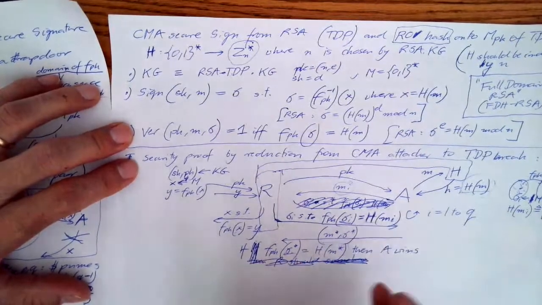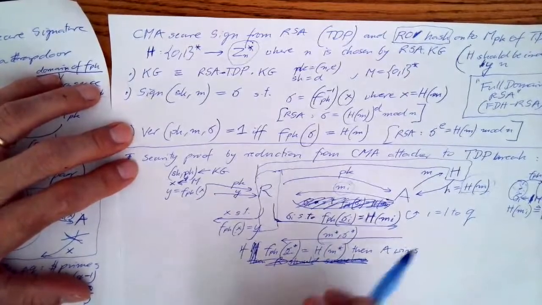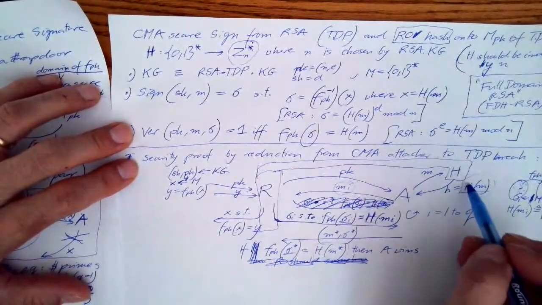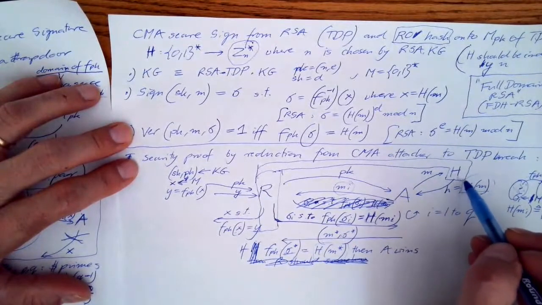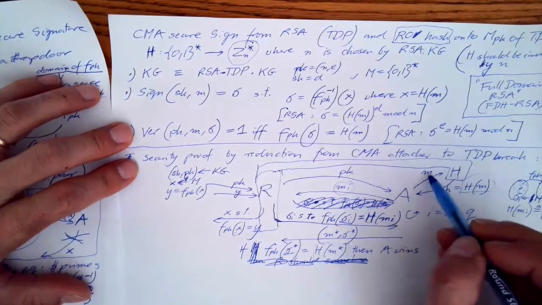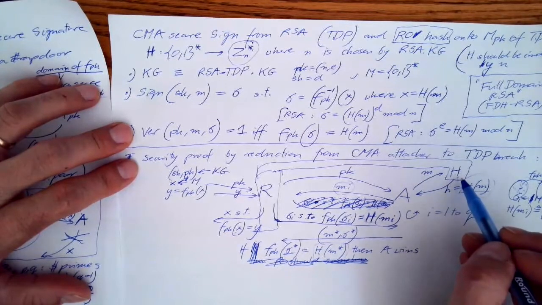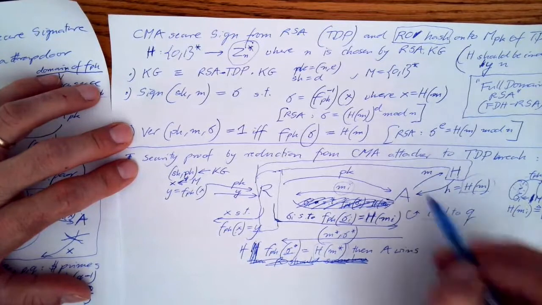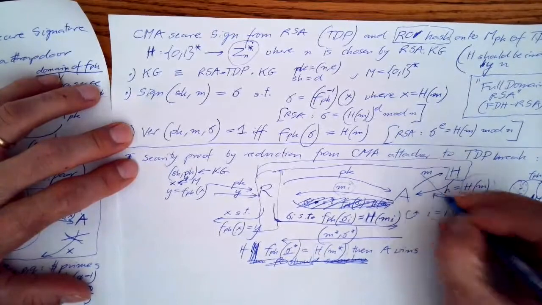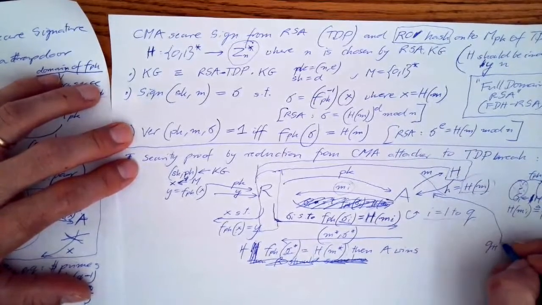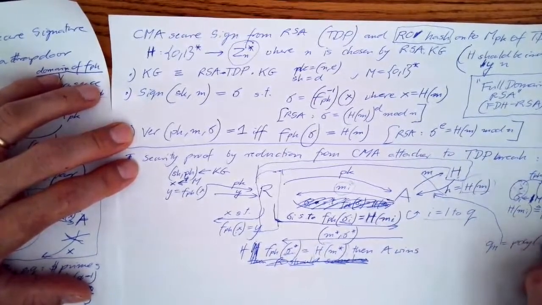So the sigma star is the x. Let's deal with two things at a time. First, clearly I cannot program the same y into every hash, because then every hash looks the same. Okay, how about you guess the query? You guess one of these queries. So how many of them are there? Q_H, which is polynomial in the security parameter.